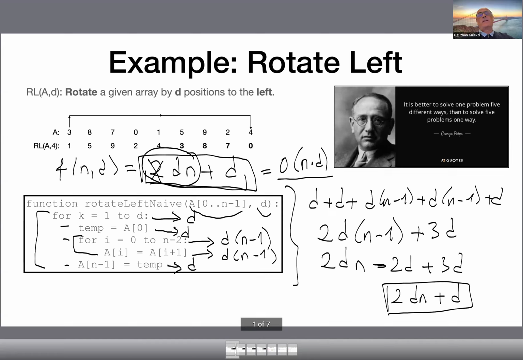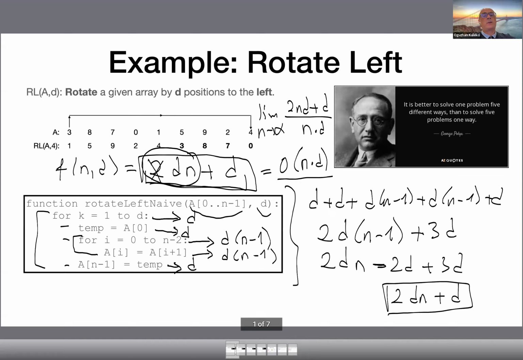Let's remember our previous lectures. What is the limit of (2dn plus d) divided by n times d, when n goes to infinity?